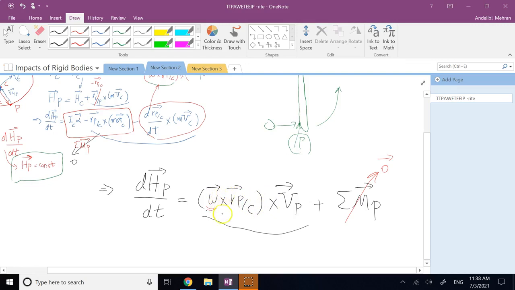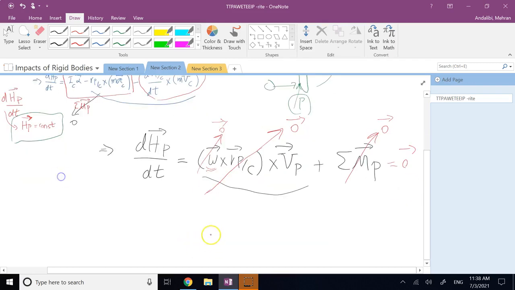Of course, at the time of impact, it changes all of a sudden. There is no continuity. But just for that fraction of a second, since before it was 0, I assume continuity and say the omega at that point was 0, so I exploit this condition and say this whole thing is 0 now. So when this whole thing is 0, then I can say H about point P for each one of the objects is 0.